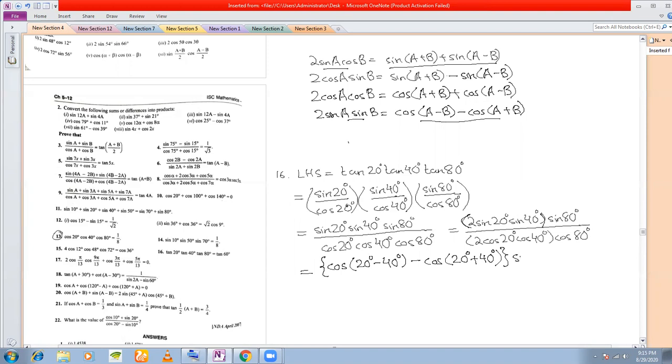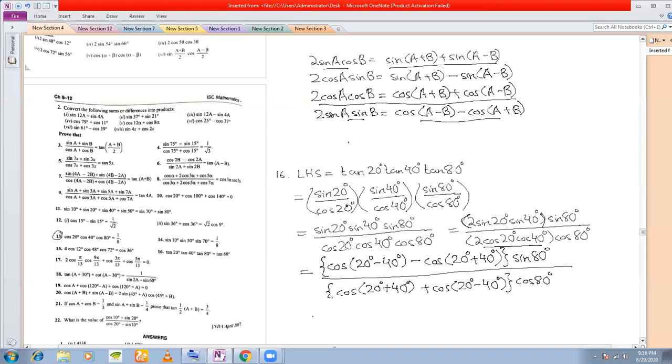Sin 80 degree divided by, now 2 cos A cos B. The formula is cos A plus B plus cos A minus B, where A is 20 and B is 40. Into cos 80, which we write as it is.